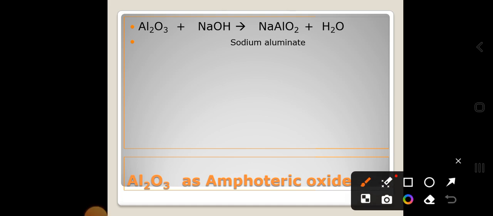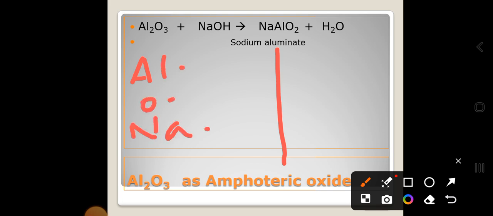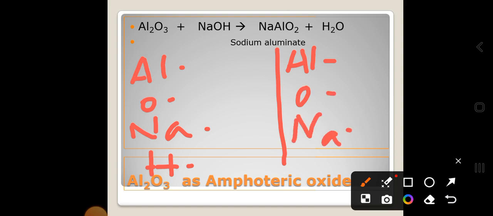Now let's take up another example, aluminium oxide reacting with sodium hydroxide to give rise to sodium aluminate and water. Let's write down all the elements present on the reactant side: aluminium, oxygen, sodium and hydrogen. Similarly on the right hand side we have aluminium, oxygen, sodium and hydrogen.